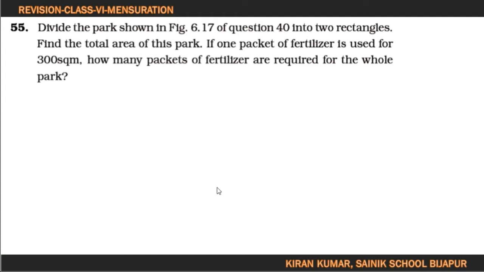If 1 packet of fertilizer is used for 300 square meter, how many packets of fertilizers are required for the whole park? The figure 6.17 of question 40 is one of the rectangle is smaller, another rectangle is larger.